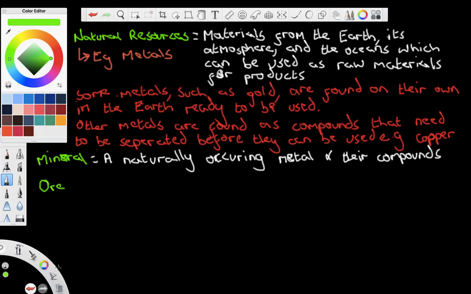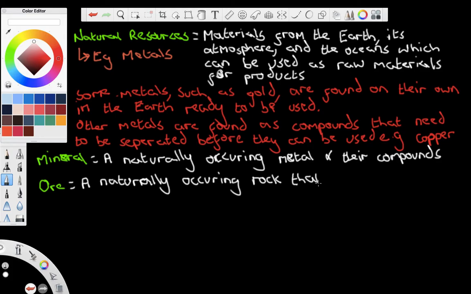The next key word is the word ore, O-R-E. Okay, now an ore is a naturally occurring rock that contains enough of a mineral, and what we mean by a mineral, we mean a metal, to make it worth mining.